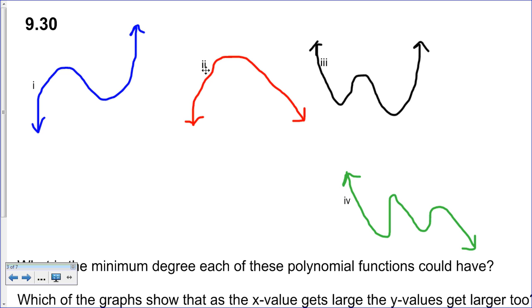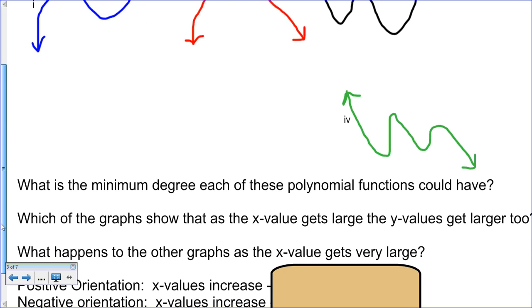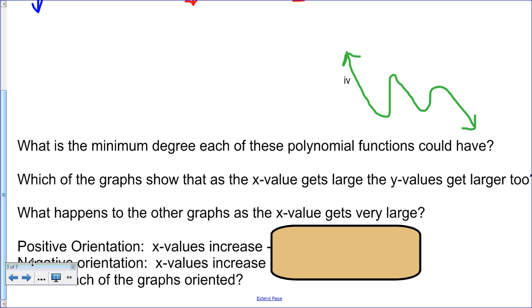But if you look at problem number 2, this time as x increases, y is going down, it's getting smaller. So just take a couple minutes to go ahead and answer A, B, and C for those. Talk about positive orientation and negative orientation. And again, put that right in your notes. The sub will pause this so that you can go ahead and do it.